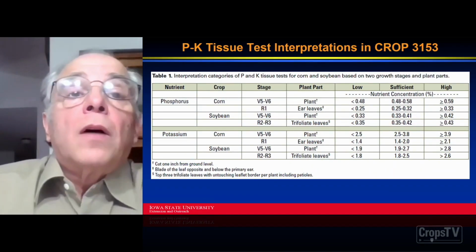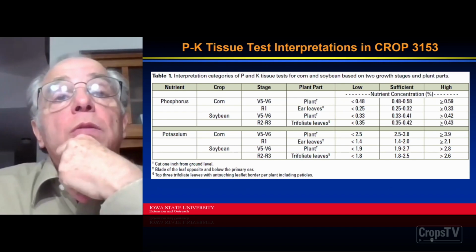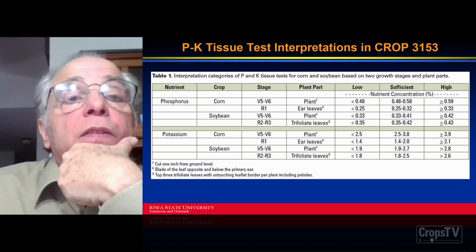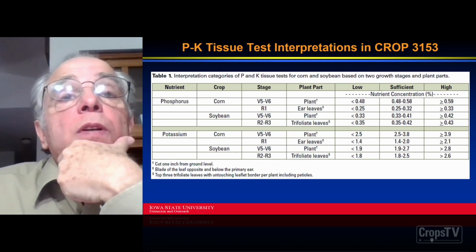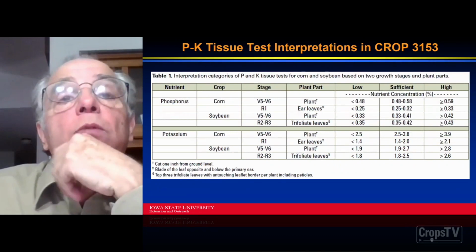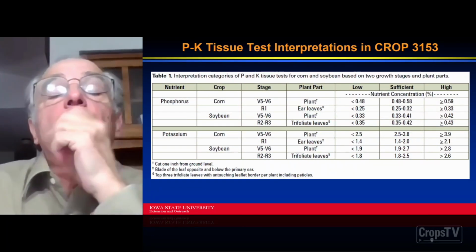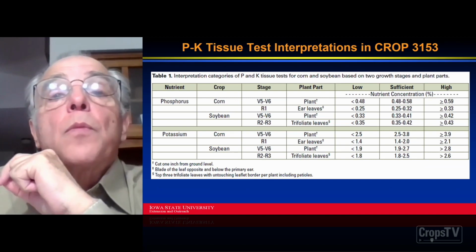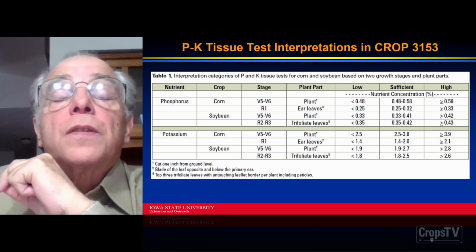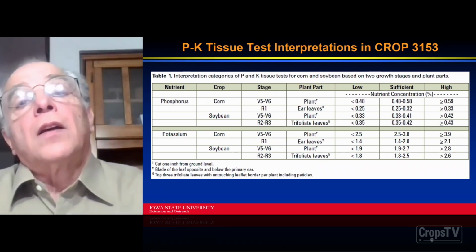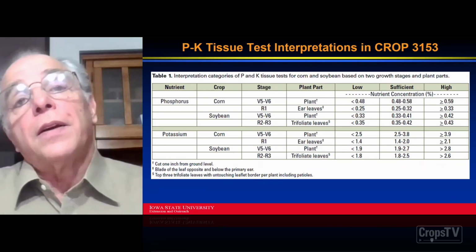Here we developed these interpretations. We call it low when the nutrient level in whatever plant part is being sampled is less than these numbers here. We call it sufficient in this range, and I will show you what we mean by that. It's close to what we consider the critical concentration range in scientific circles. And when the concentration is higher than this level, it's high, which means that fertilization is not needed; the supply is okay.